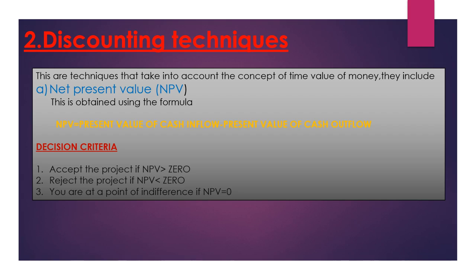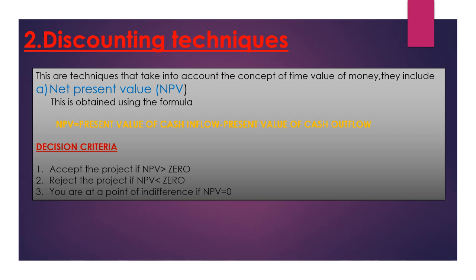Decision criteria number 2, reject the project if NPV is less than 0. So if the NPV is below 0, or negative, you don't accept the project. We reject it.